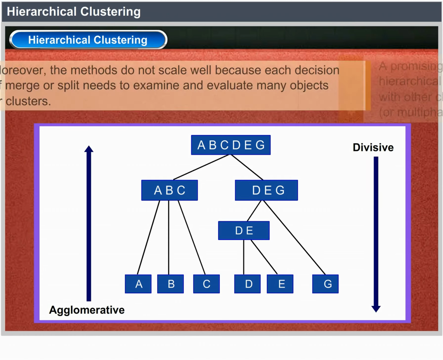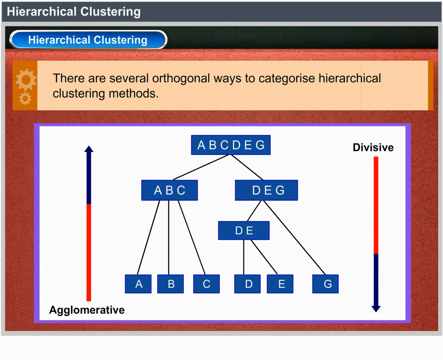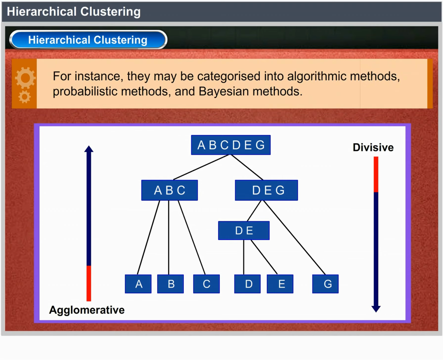A promising direction for improving the cluster quality of hierarchical methods is to integrate hierarchical clustering with other clustering techniques, resulting in multiple-phase or multi-phase clustering. There are several orthogonal ways to categorize hierarchical clustering methods. For instance, they may be categorized into algorithmic methods, probabilistic methods, and Bayesian methods.